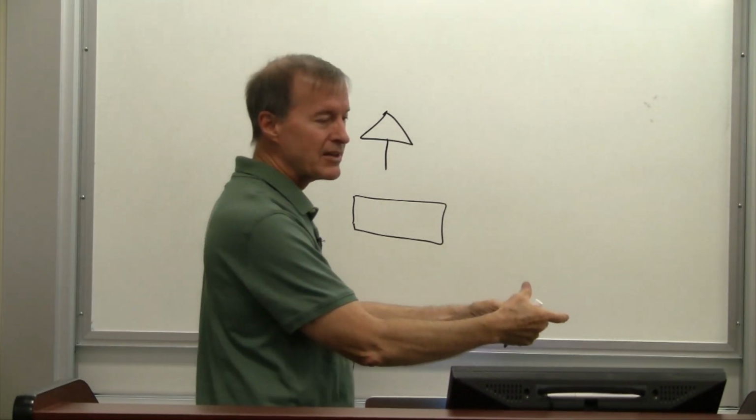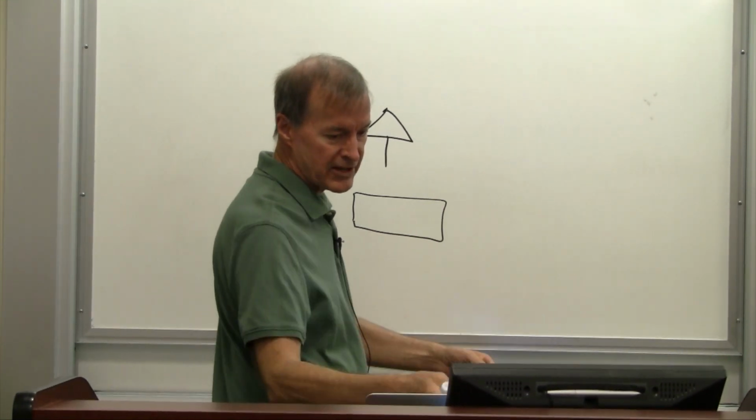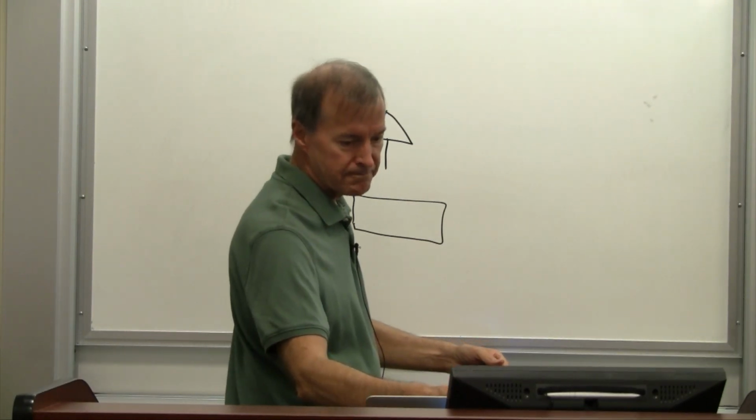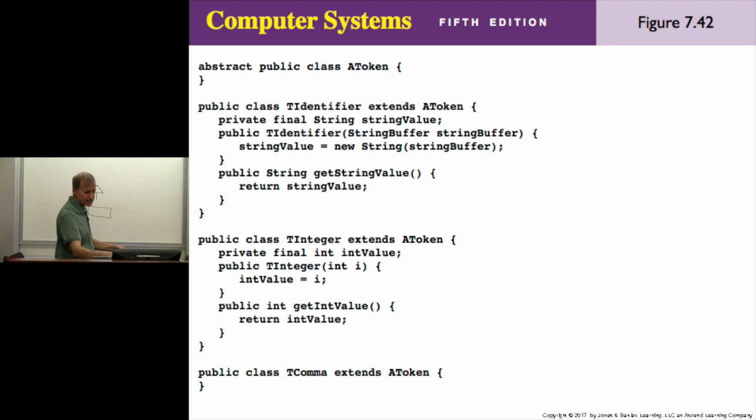On the other hand, the next one is T integer. Let's take a look at class T integer. It extends a token, with a private final int value. So an integer token has an int value that's been parsed and turned into an int, right? And it has the constructor. But now what does it have? It has a public method called getIntValue.